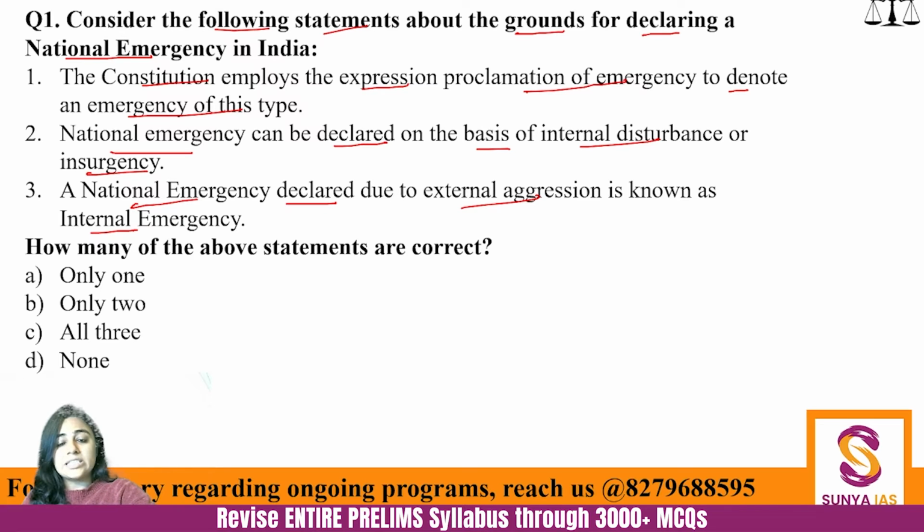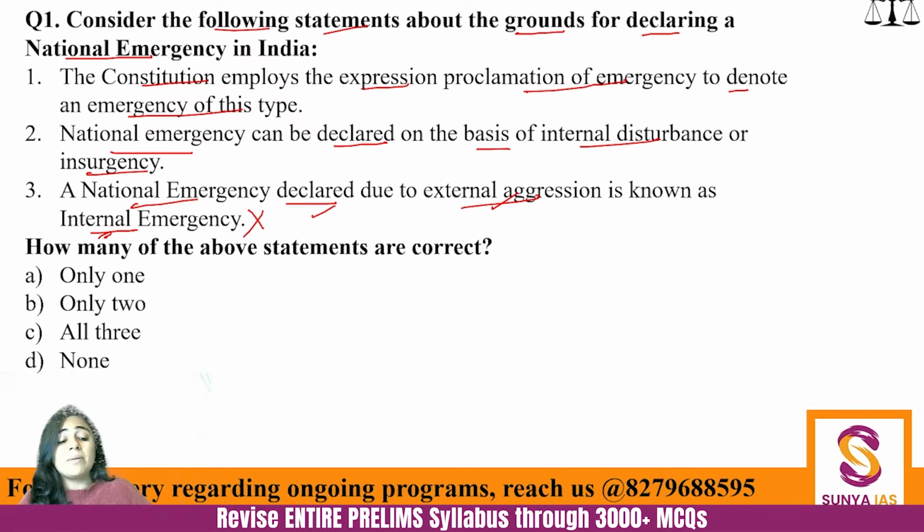Now, let's see it one by one. Only one statement, only two, all three, or none. How many are correct? First of all, the trick has to be, find out the statement which is completely irrelevant, incorrect, and stupid. The stupid statement here is, a national emergency declared due to external aggression is known as internal emergency. This is absolutely ridiculous. This is not possible.